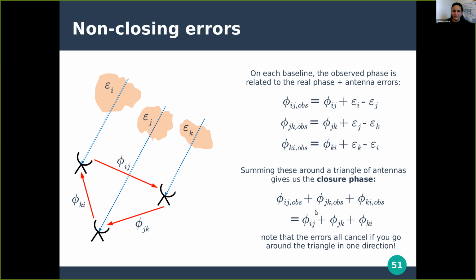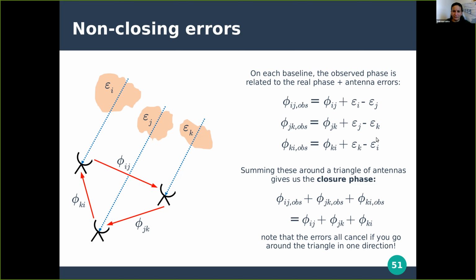So here you can see that if we add the phase for baseline ij to the phase for baseline jk, right? So we have plus the error in i minus the error in j, and if we add this, then we have plus the error in j minus the error in k, but the j's cancel out.